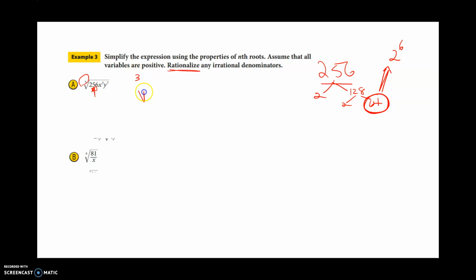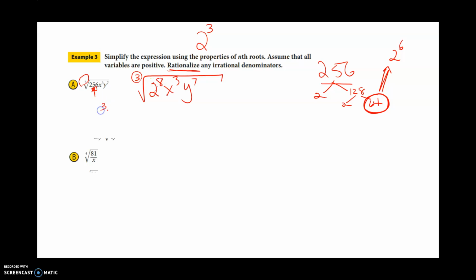So I'm going to rewrite this: 2 to the 8th, x to the 3rd, y to the 7th. Now I'm looking for perfect cubes. Well, 2 to the 3rd is a perfect cube. Notice I have 2 of these under here.